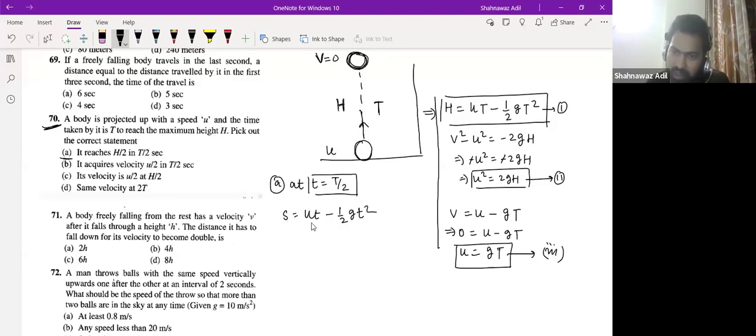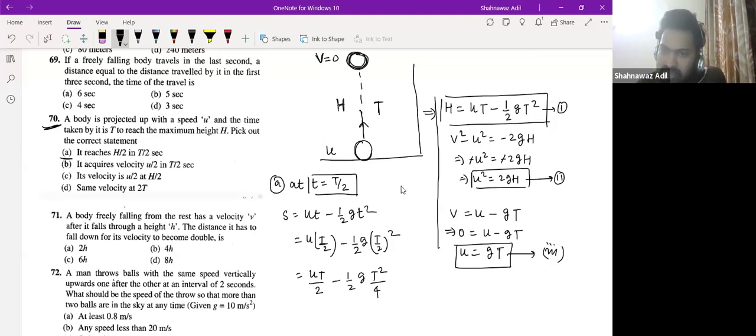With t by 2, this is ut by 2 minus half g times t by 2 whole square, which is ut by 2 minus half gt square by 4.